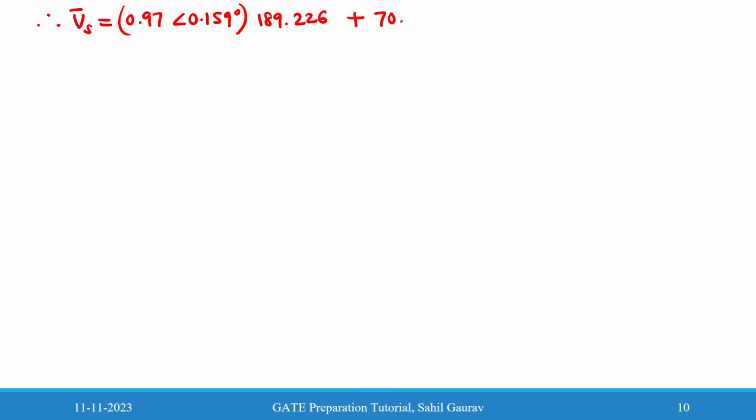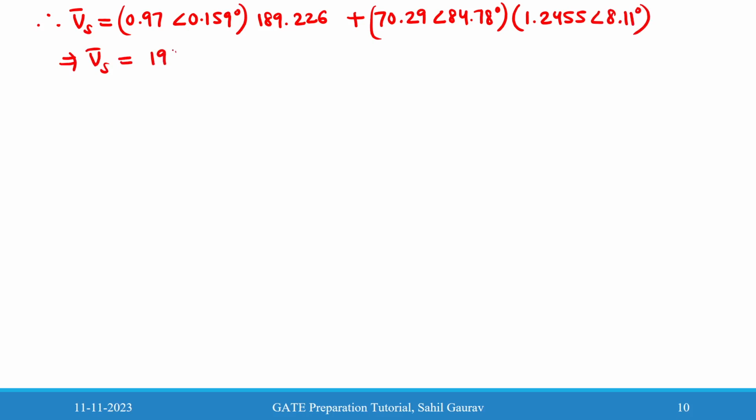So 70.29 at the angle of 84.78 degree is the B value, and IR value is 1.2455 at the angle of 8.11 degree. So we will get the VS value as 199.66 at the angle of 26.134 kV.